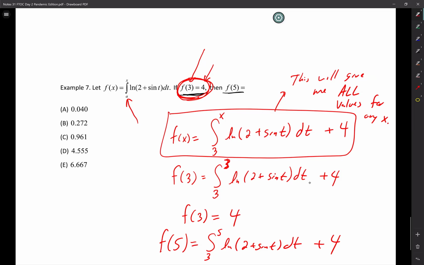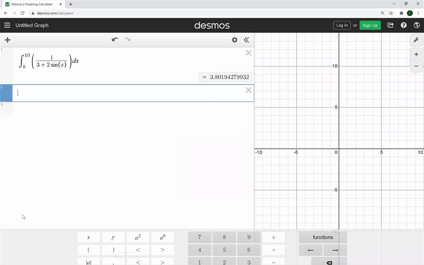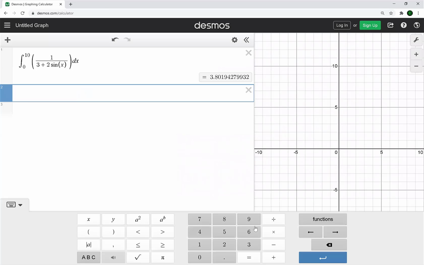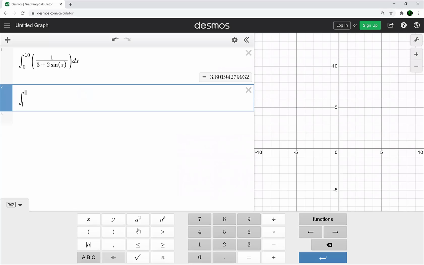So let's go to Desmos. Ready? I'm gonna go integral. Functions, miscellaneous, integral, 3 to 5. And can you hook me up with what I had on the inside?